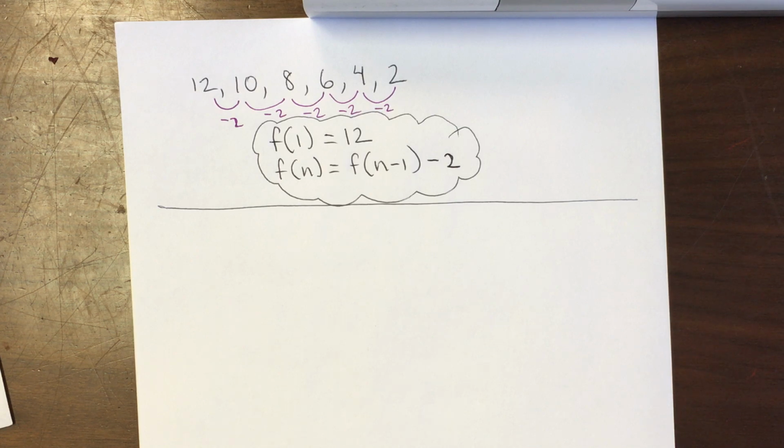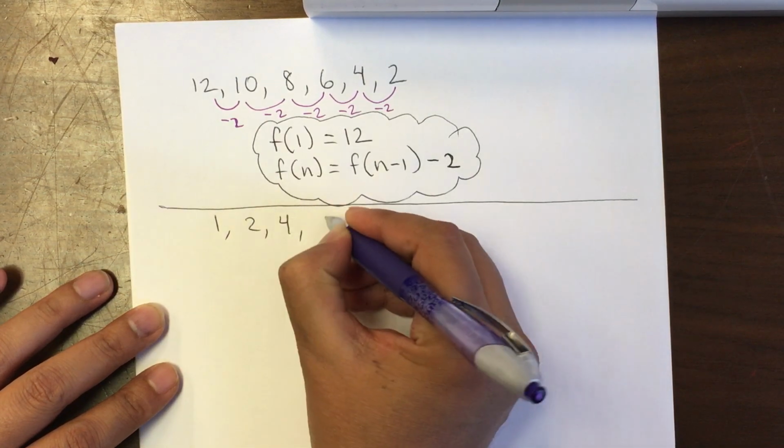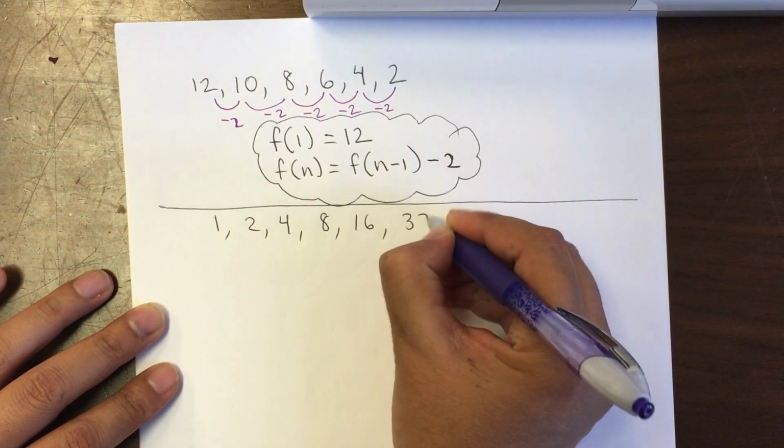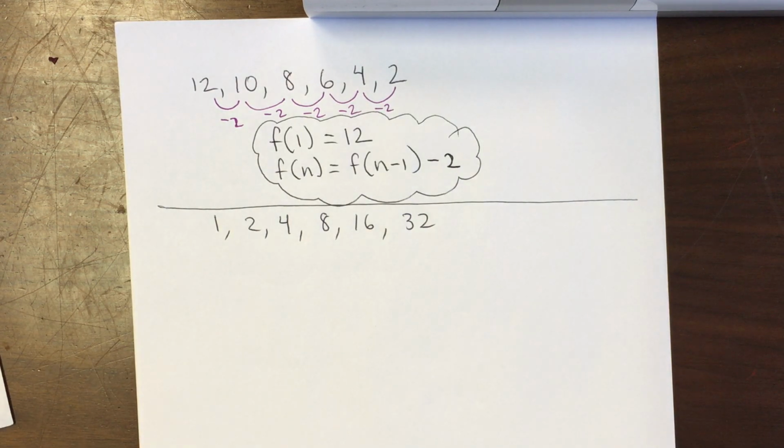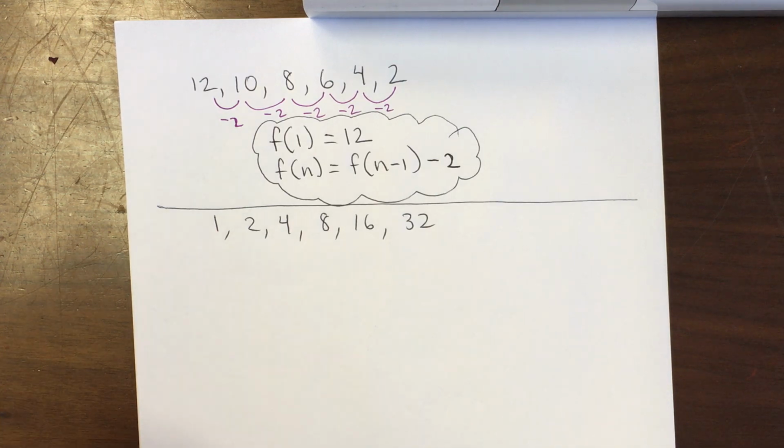Let me give you another one, and I want you to try it before I give you the answer. Maybe pause the video so that you can try it, and that way I can give you the answer.